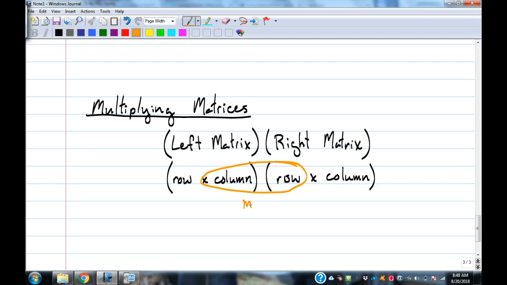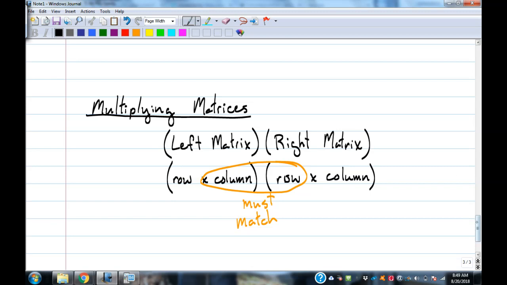Those must match. The columns from the left matrix must be the same number as the rows from the right matrix. Columns on the left matrix must match the number of rows on the right matrix. So being able to name those dimensions is important, and getting them in the right order, so that you can know if you can even multiply things together.